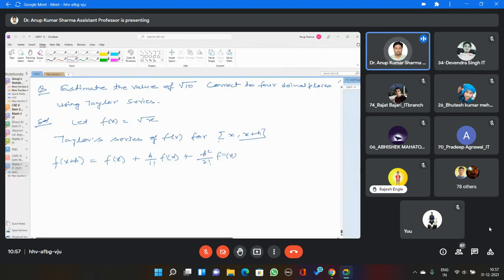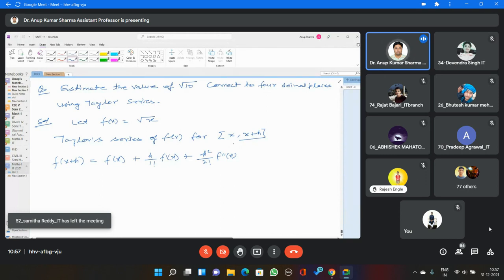For four decimal places, it should be four decimal places. If we get some value of root 10, it is 3 point something, to four decimal places.